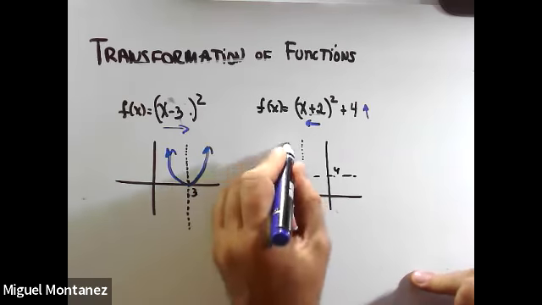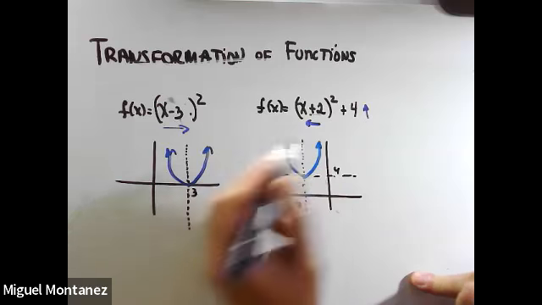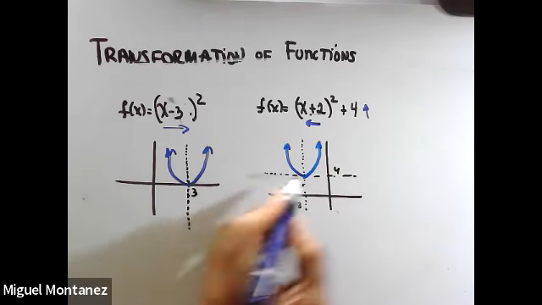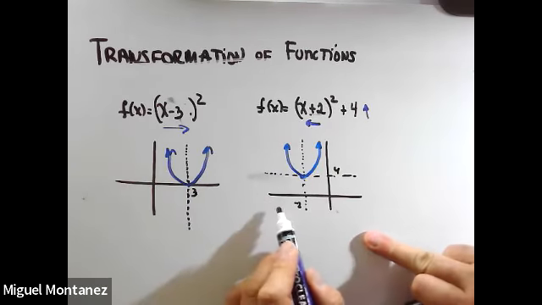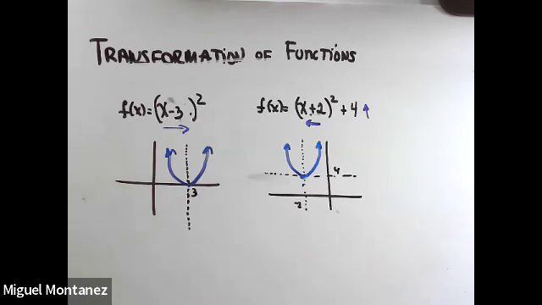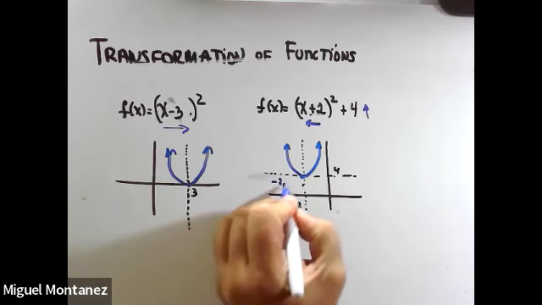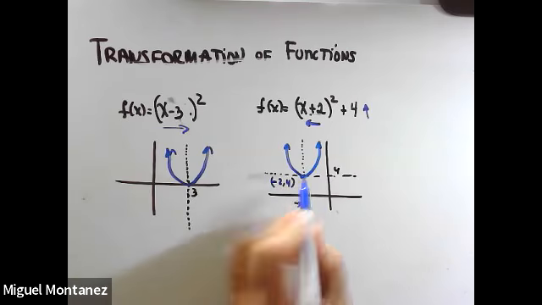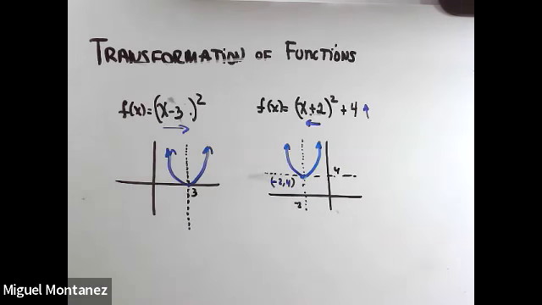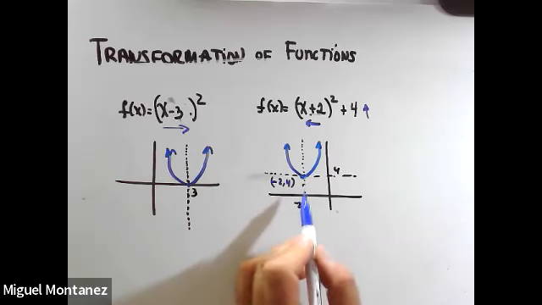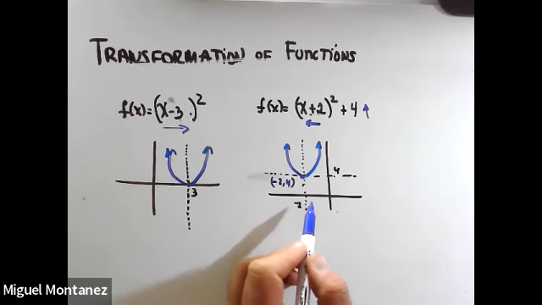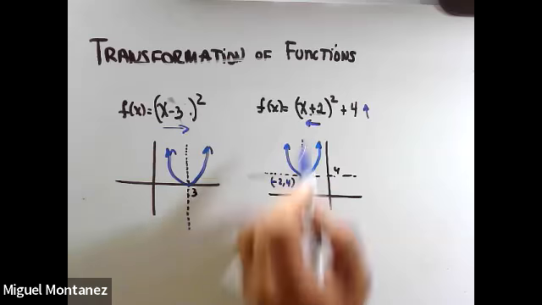So now I can place my parabola here. The coordinates of this point will be (-2, 4). And that's your vertex, as we'll talk about the vertex in a few. So that's the vertex, (-2, 4). 2 to the left, 4 up.